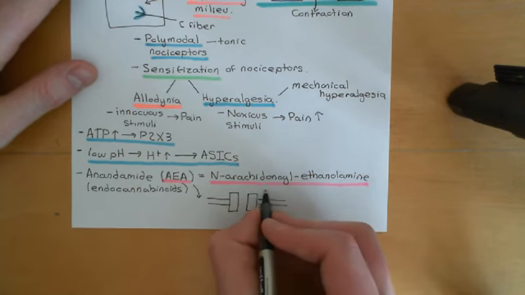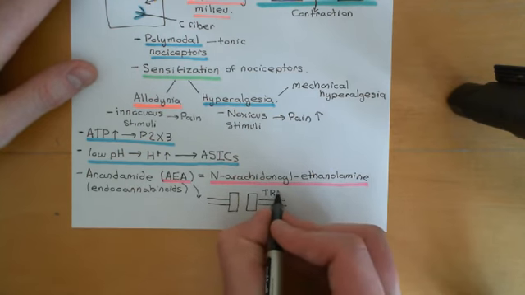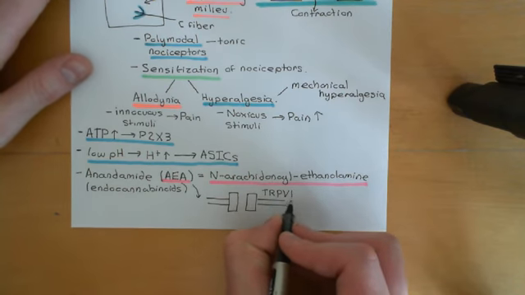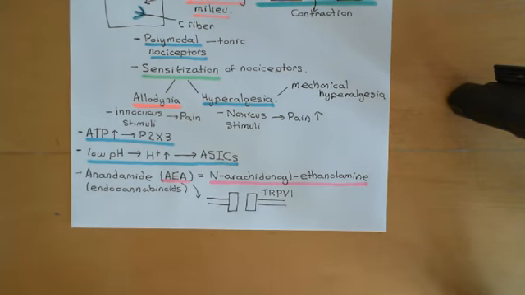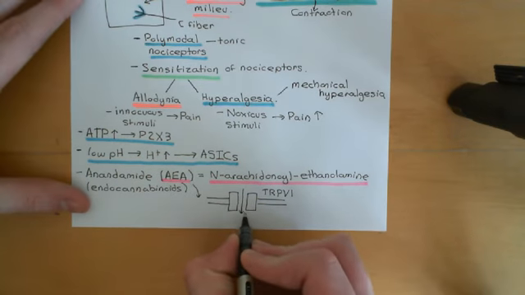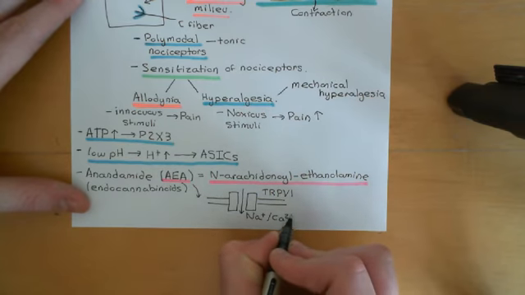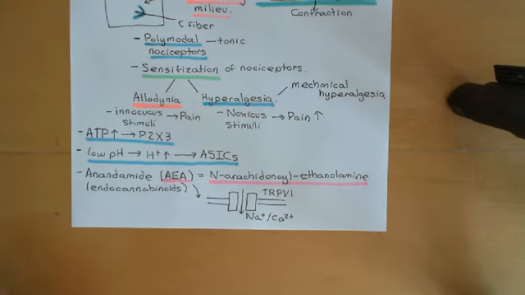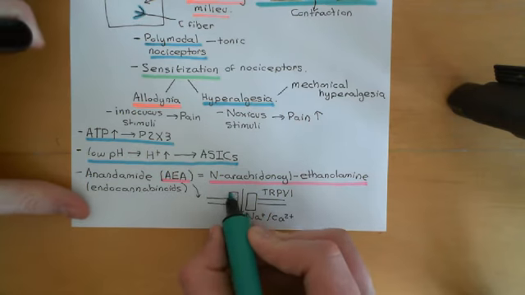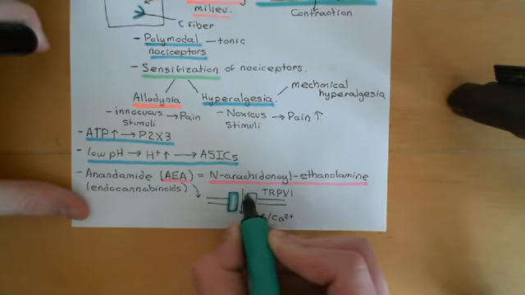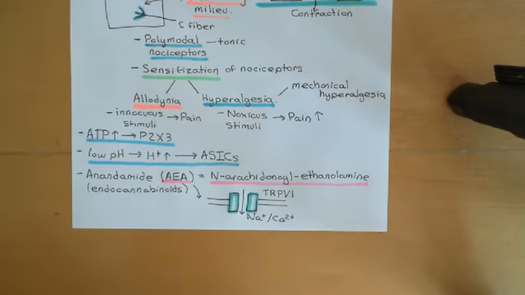So the TRPV1 ion channel, remember, was a tetramer of 4 TRPV1 subunits, and when it's opened, it allowed sodium and calcium ions into the cell, which caused that receptor potential. So anandamide is capable of binding to TRPV1 receptors and causing them to open. And again, this could underlie the tonic activation of the polymodal nociceptors.